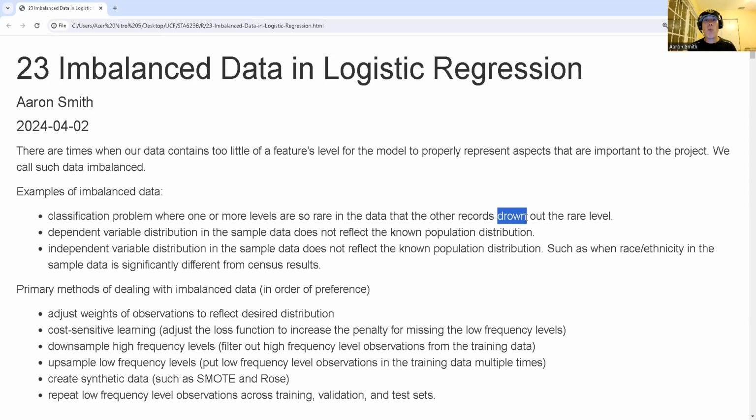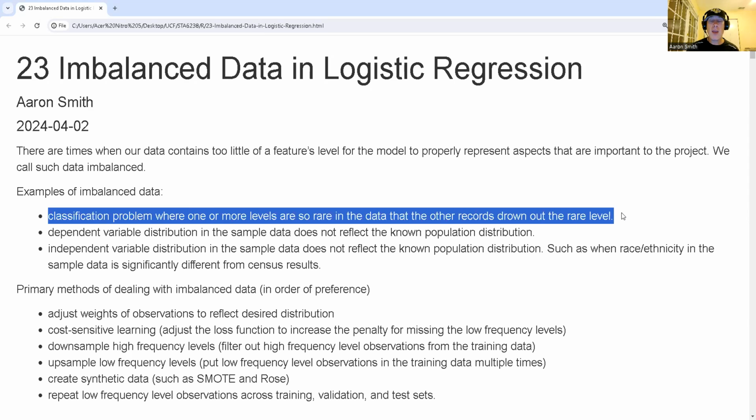The model will be reflecting reality because it's such a rare disease, but that would be defeating the purpose of having the model. And so what we want to do is make some kind of adjustments. In this situation, there are no problems with our data. It's just that the proportions are so skewed that the level that we're really interested in just isn't there.